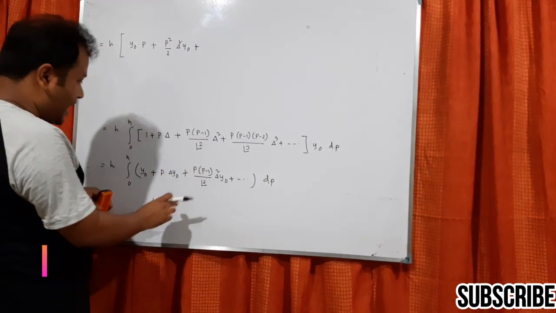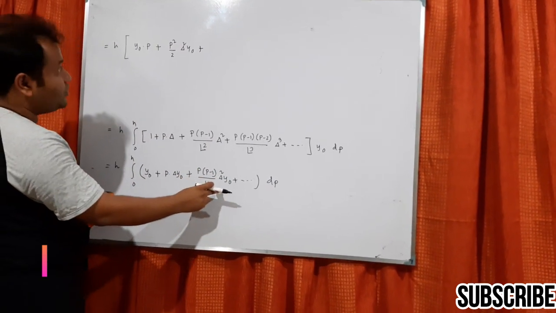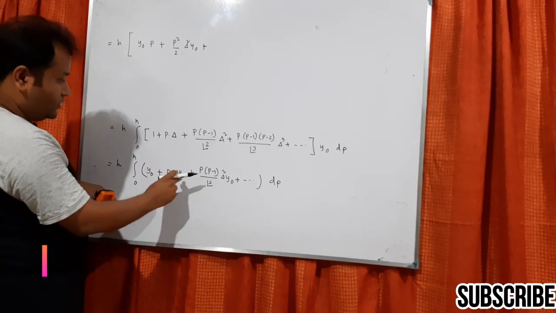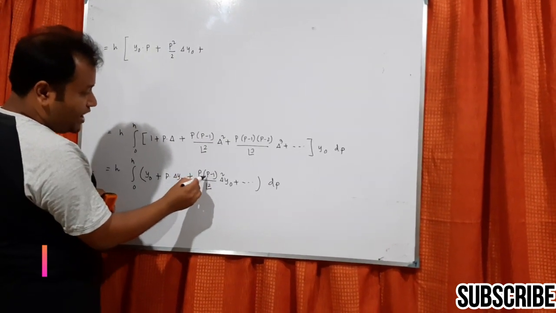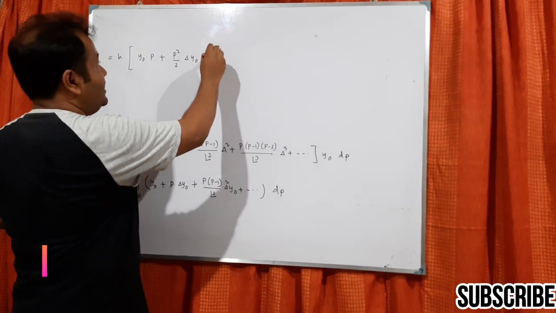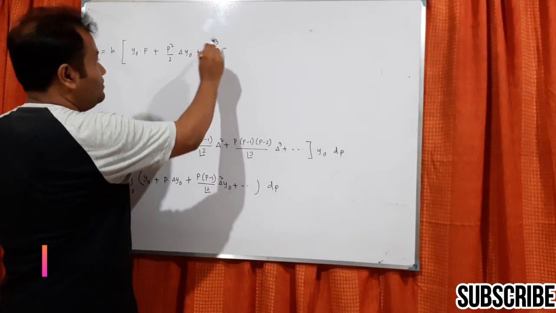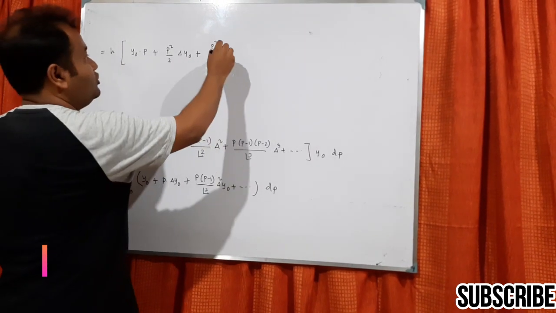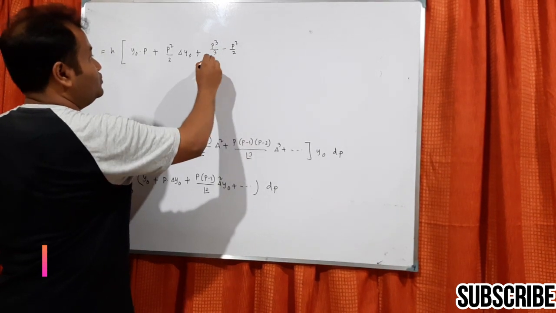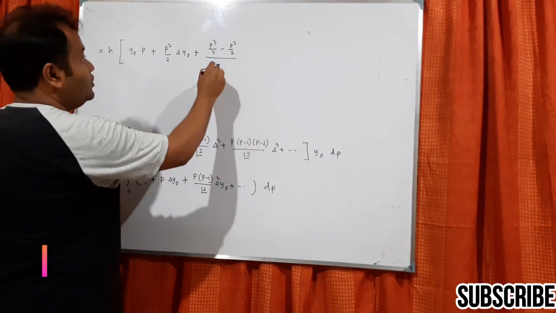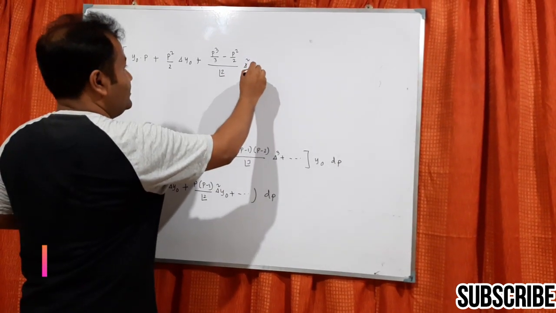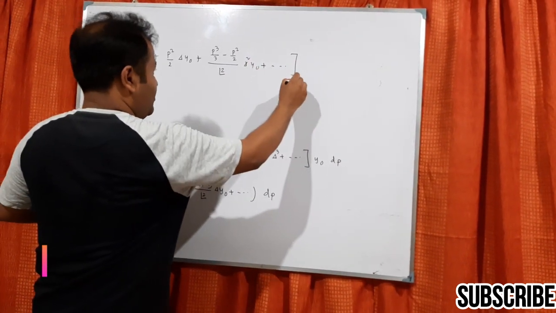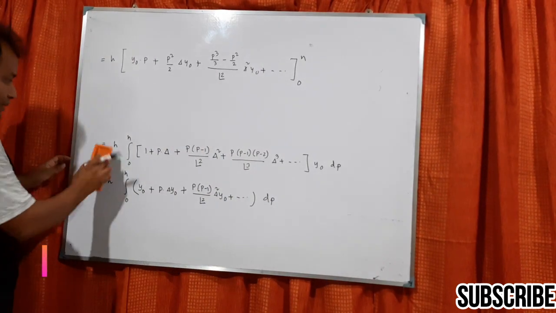Then the next term: p into p minus 1 is p square minus p, so the integration will be p cube by 3 minus p square by 2, divided by 2 factorial, and delta square y naught and so on, and the limit is 0 to n.